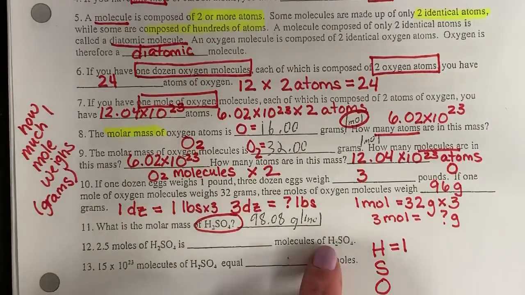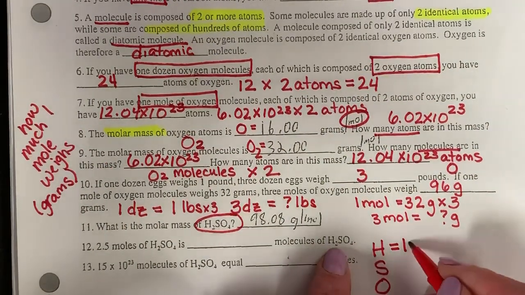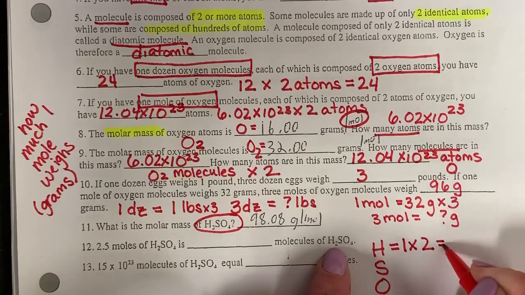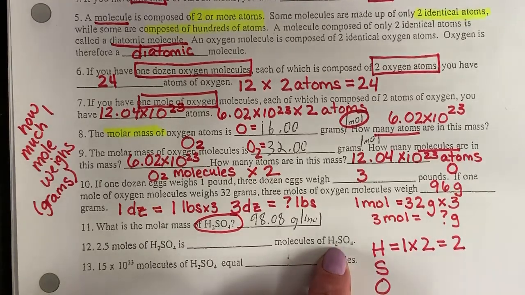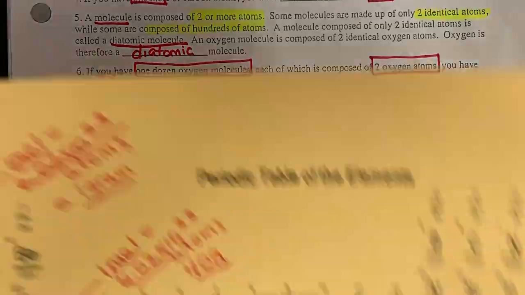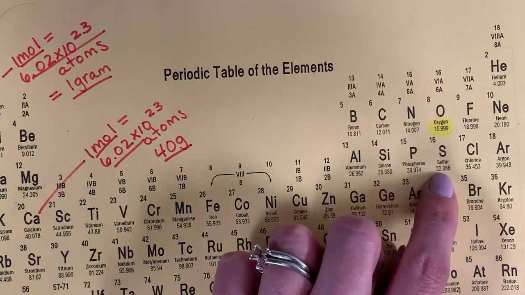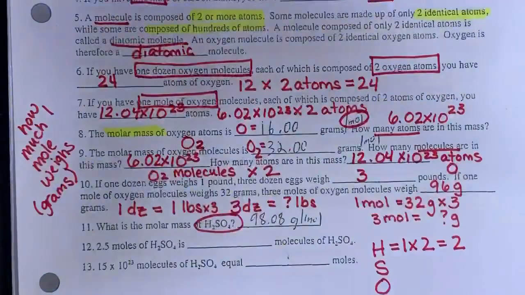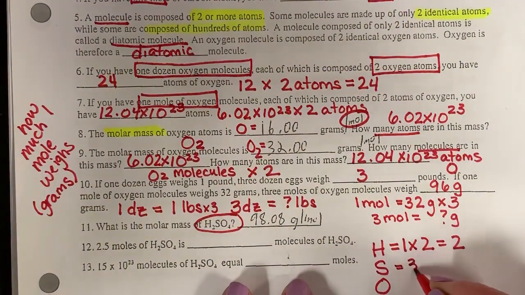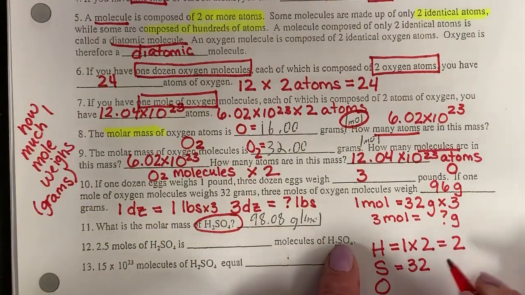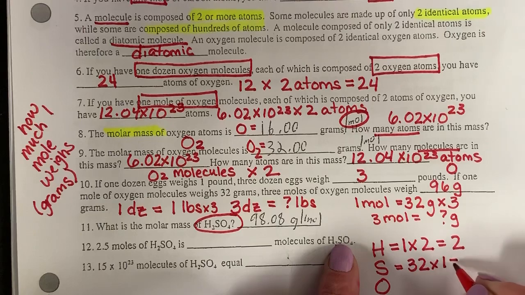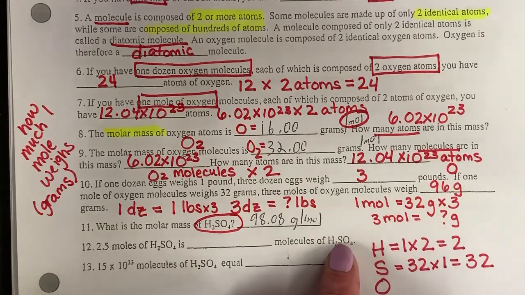But because it's H2, I've got 2 of those, so I multiply. S weighs 32 grams. No number, so there's only 1. So I've got 32 grams worth of S.